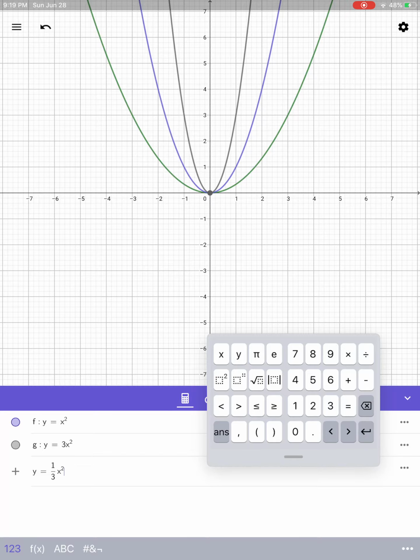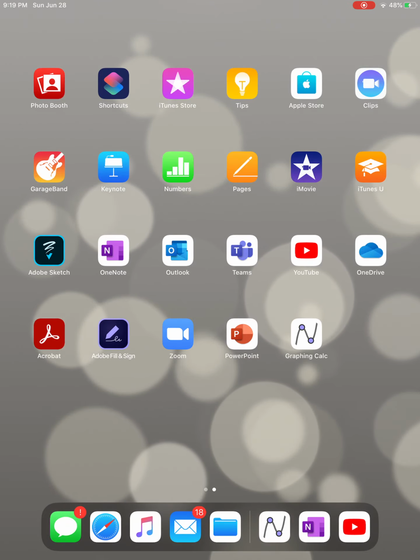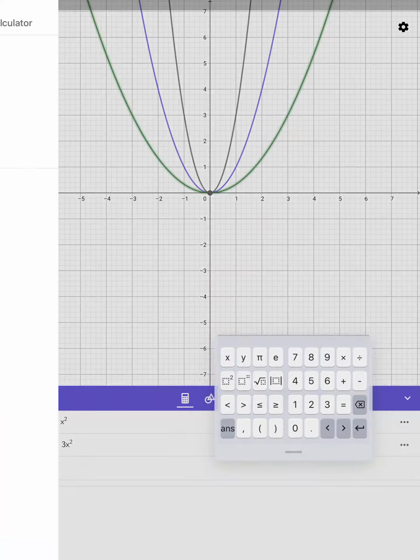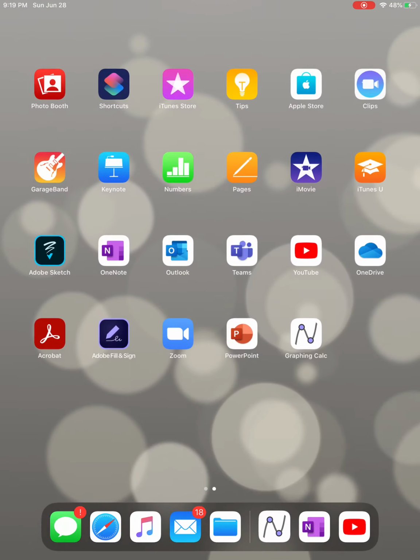So we can now illustrate the effect of combining shifts, reflections and stretching in the following example. I'll be needing the graphing calculator. So you are asked to sketch the graph of the function f of x.